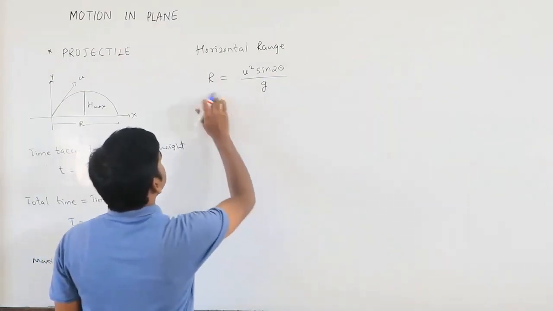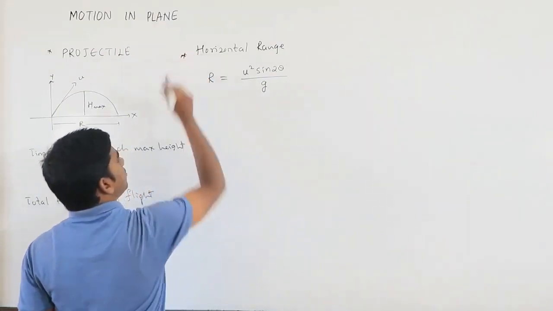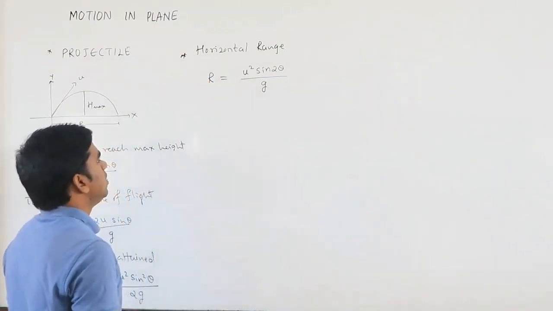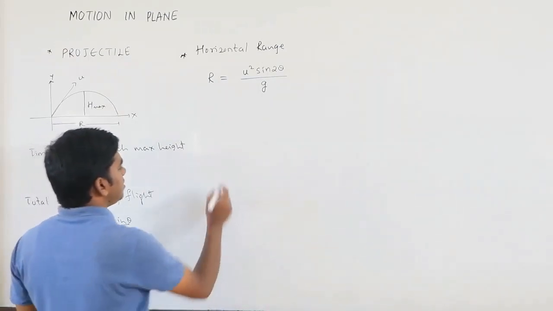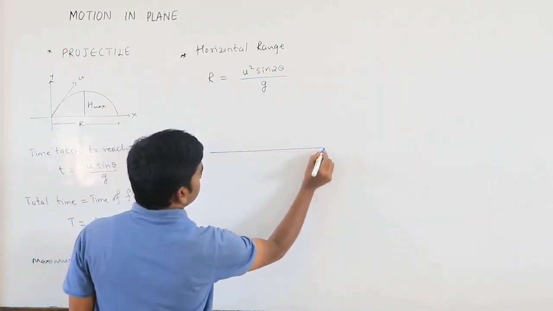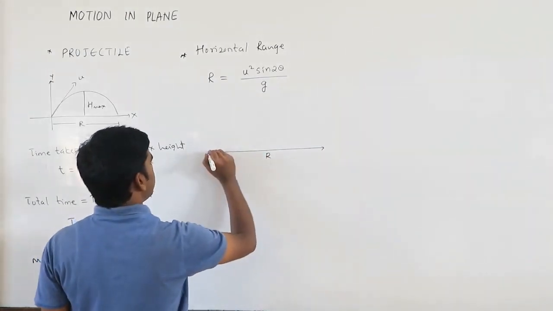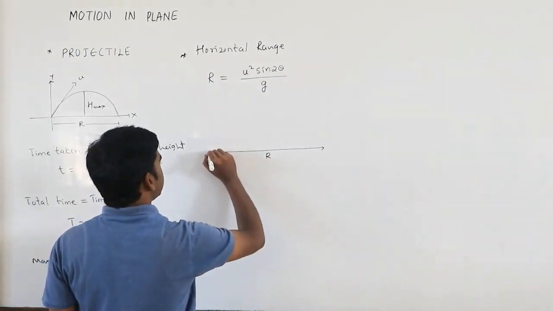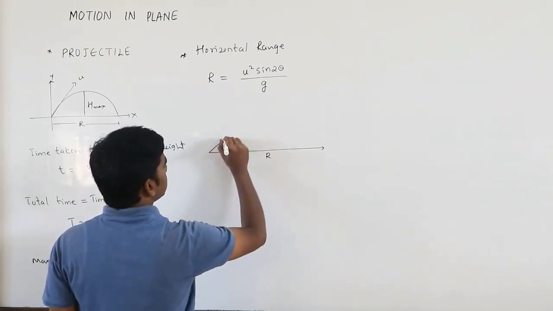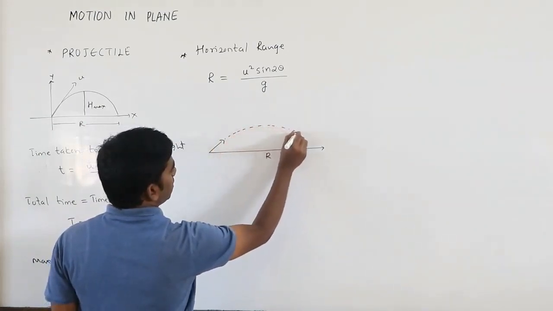Let me concentrate on this horizontal range for some time. What exactly is the horizontal range? It is the horizontal distance traveled by the projectile. Suppose you are projecting from here, it may come here.